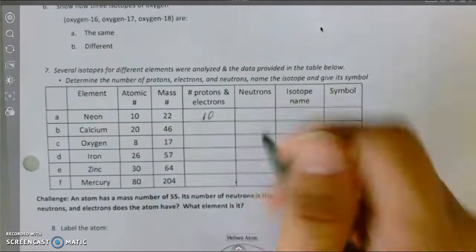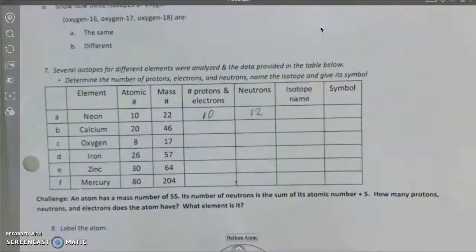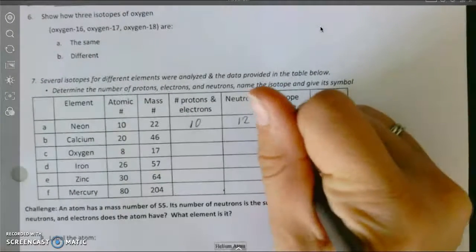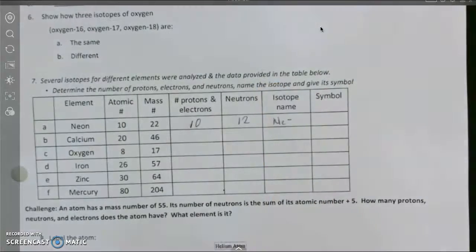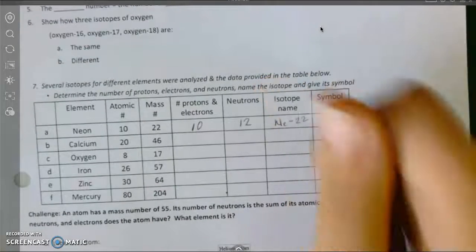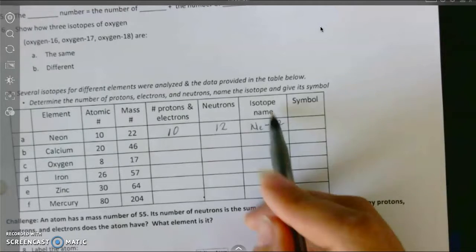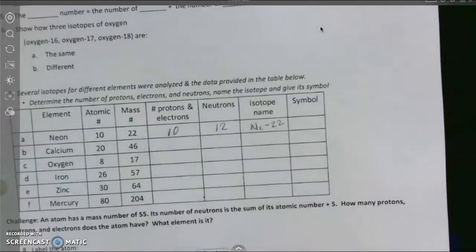So I would need 12 neutrons to get to that 22. The isotope name might be neon, and then you have your mass number of 22. Isotope name is simply written out like that. It's neon-22, and then the symbol is just Ne-22.